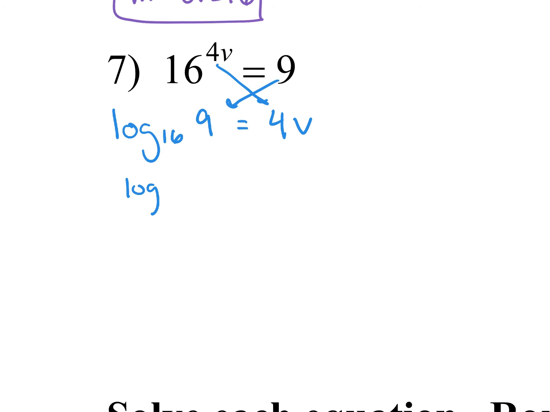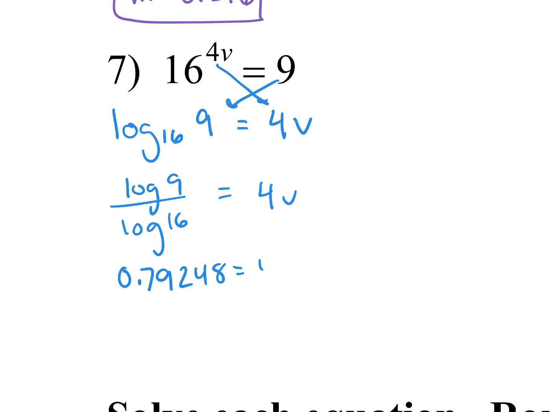So now I have to do log of 9 divided by log of 16 in the calculator. Perfect. 0.79248. We're going to just keep that in our calculator so it doesn't matter how many decimal places we write down. And then what's the last step? Divide by 4.